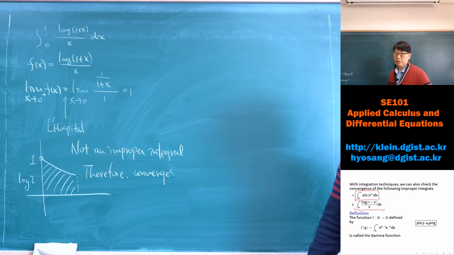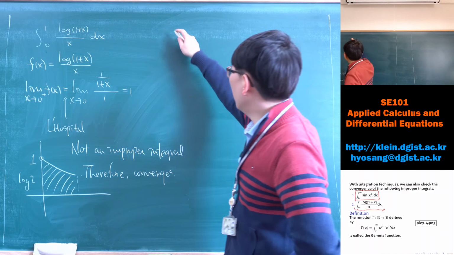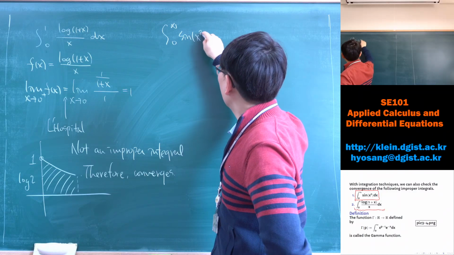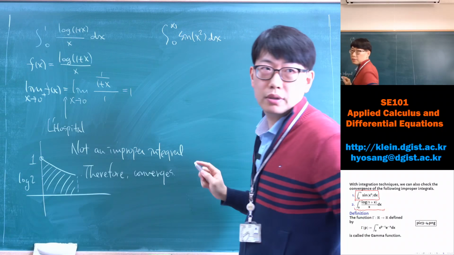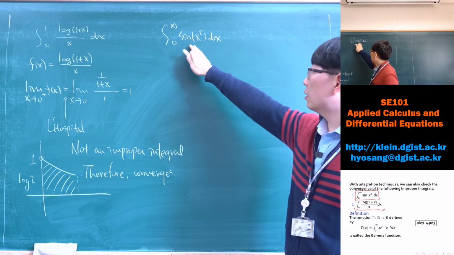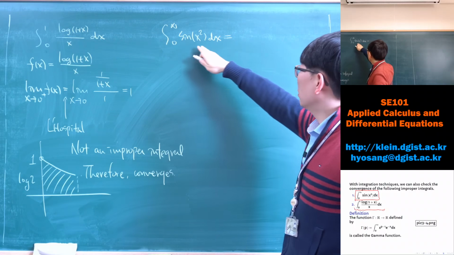How about the second one? So we have the integral from 0 to infinity of sine x squared dx. Now, you cannot take the integration like this.